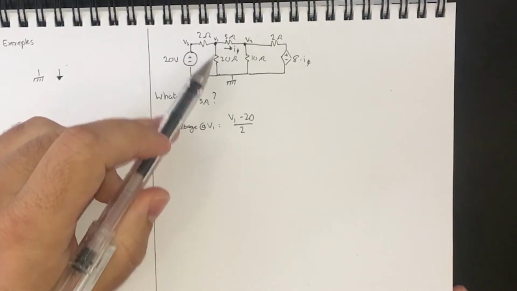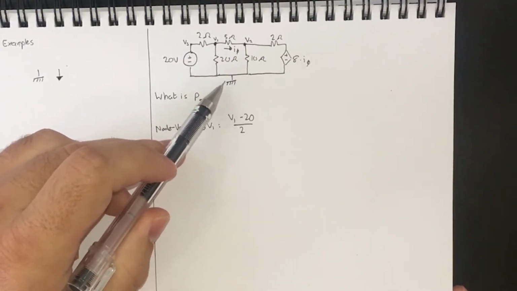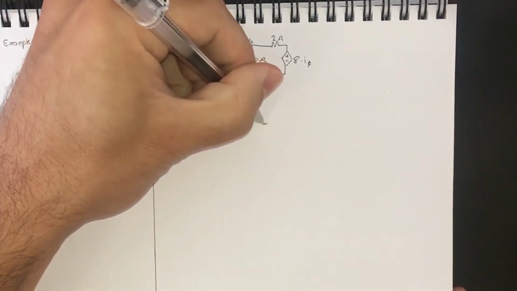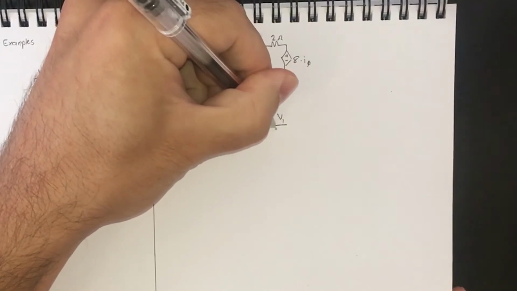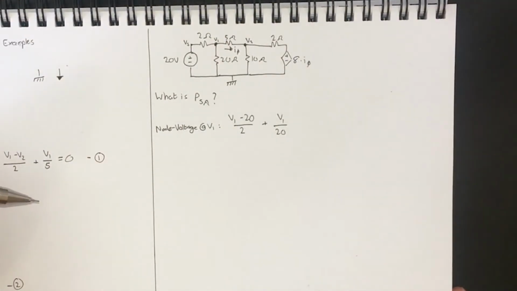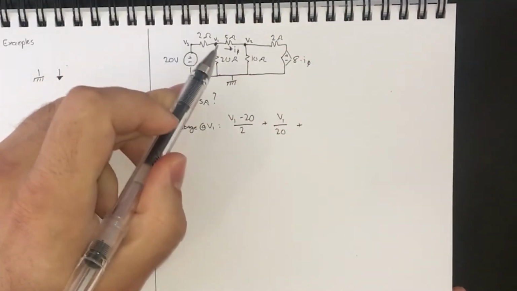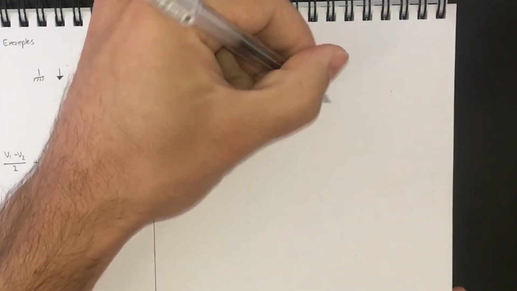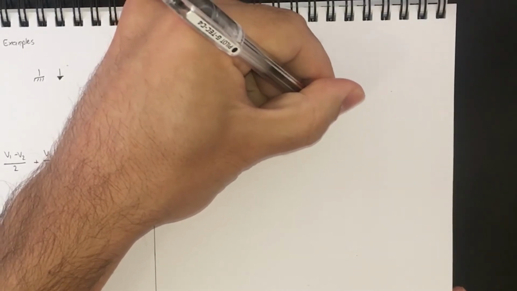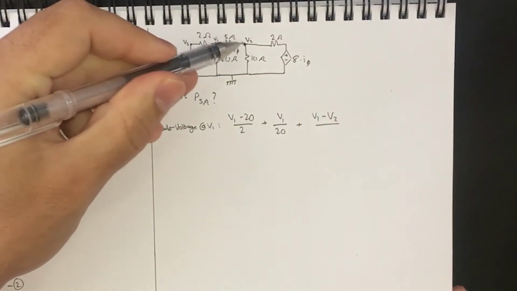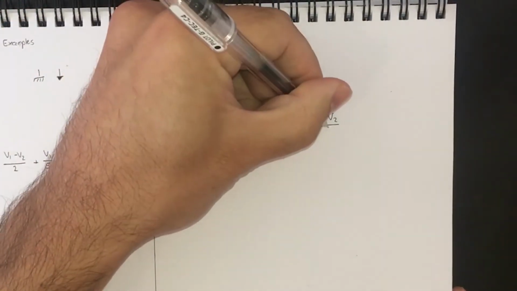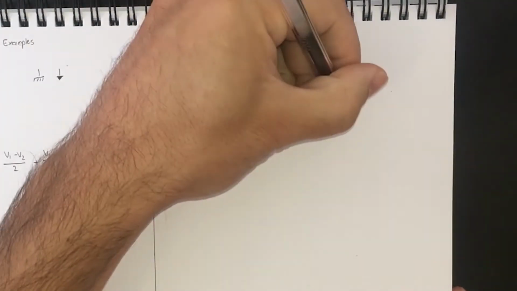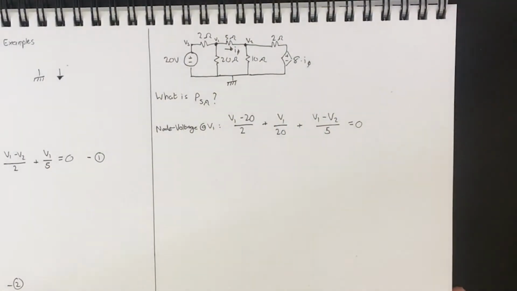And again, here we've defined the reference ground voltage, so V1 minus 0 over the 20 ohm resistor, so we have V1 over 20. And then we have another current flowing out through here, V1 minus V2 over the 5 ohm resistor. So it's the voltage drop over this resistor divided by the resistance, and that gives us that current. And that is node voltage at V1.